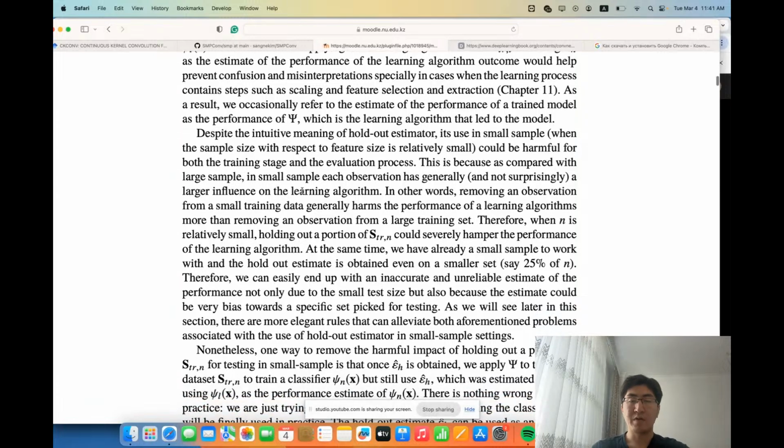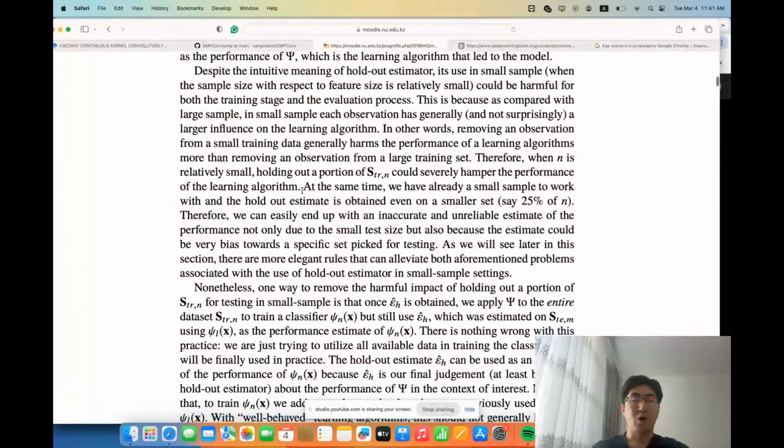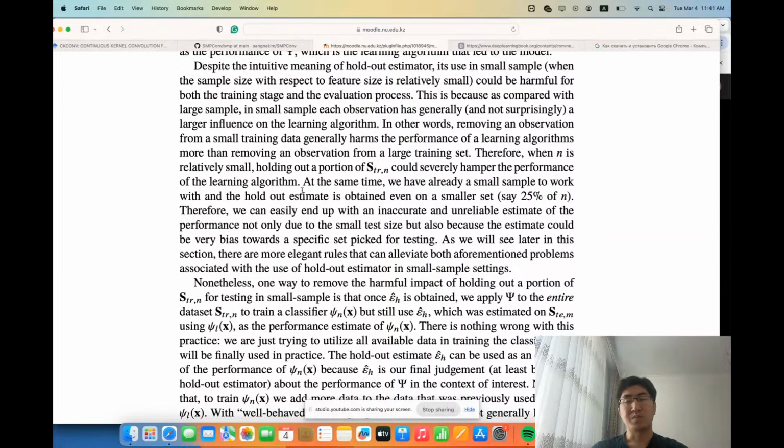At the same time, we already have a small sample to work with. The holdout estimate is obtained on an even smaller set. Therefore, we can easily end up with an inaccurate and unreliable estimate of the performance, not only due to the small size but also because the estimate could be very biased towards the specific observations picked for testing.